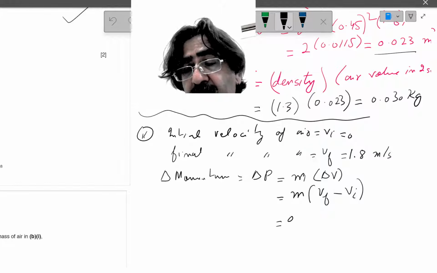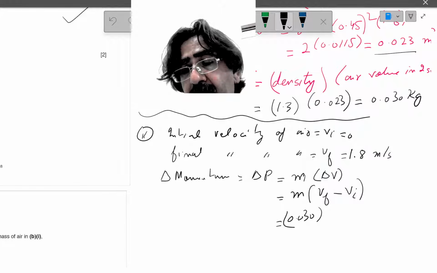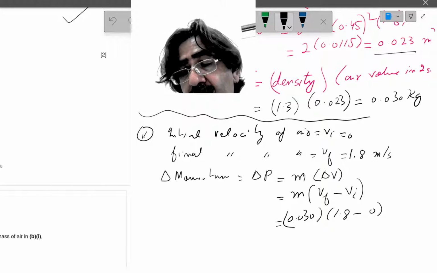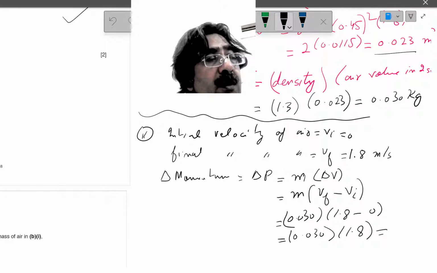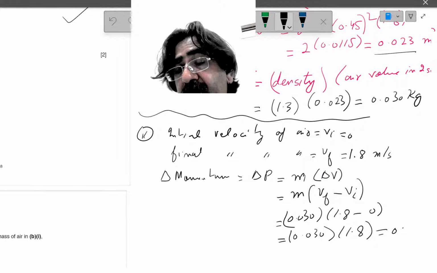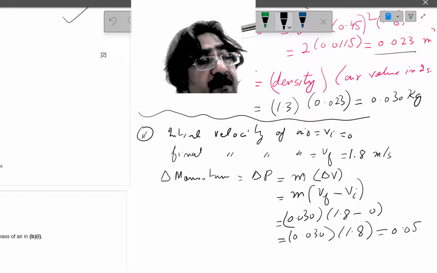M is 0.03, Vf was 1.8 and Vi 0. So this will be equal to 0.03 times 1.8, and that will be equal to 0.054.